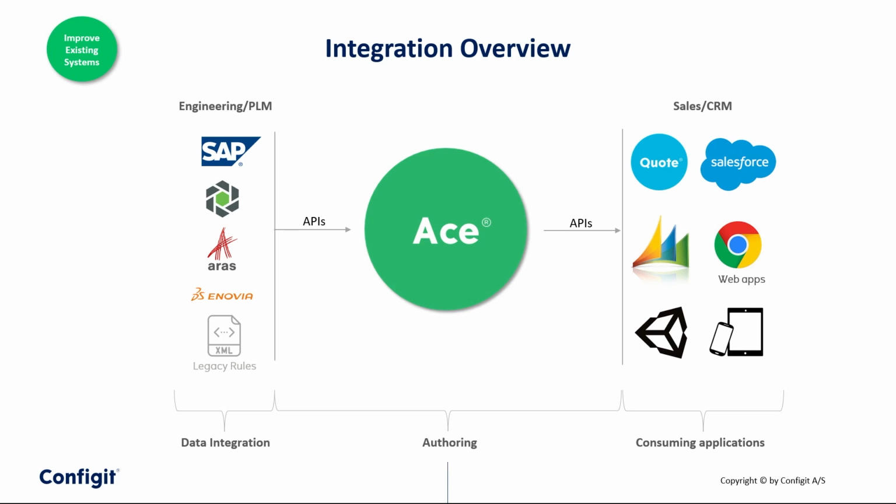This aligns very well with the overall product vision that we have in Configit for ACE, where we have ACE as a single source of truth for this configuration data. That is exactly why we are positioning ACE as a platform that can support multiple systems and applications that require fast access to valid and up-to-date configuration data.